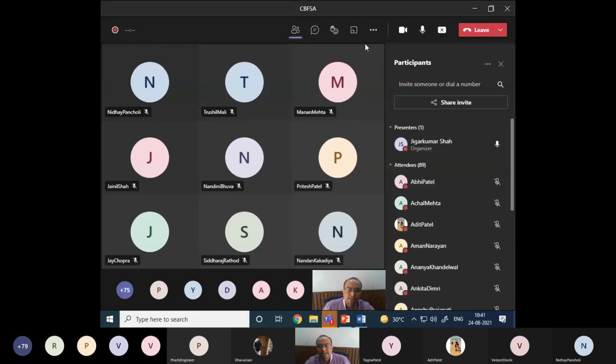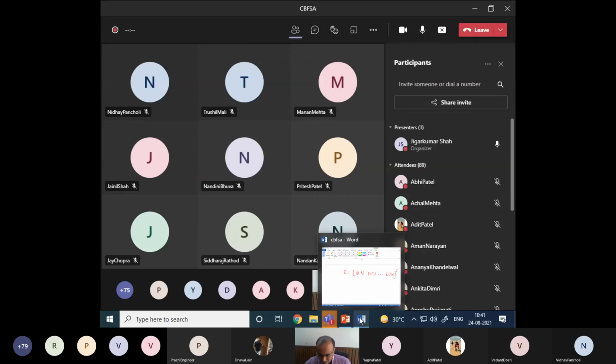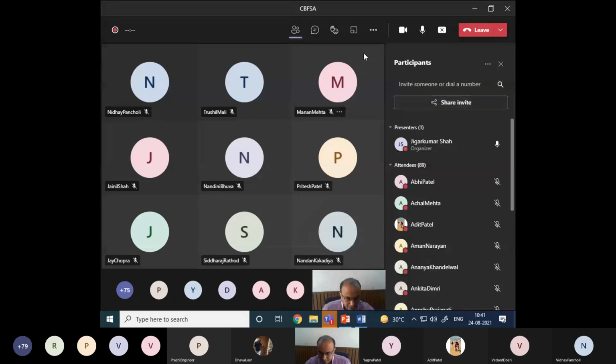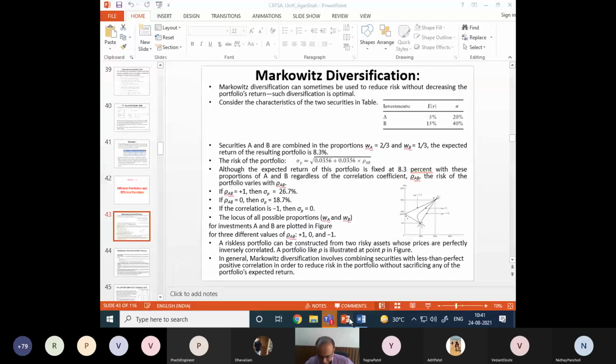Later on, we also need knowledge of optimization methods when we see the efficient portfolio. Yeah, so any doubt so far? If there is no doubt, we can move quickly.